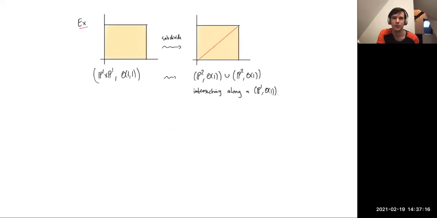So let me do one example. If we take the polytope of P1 cross P1 with the polarization (1,1), that would correspond to the unit square.